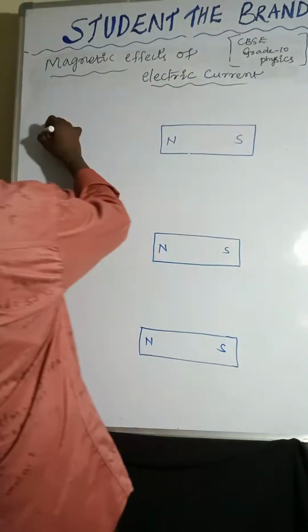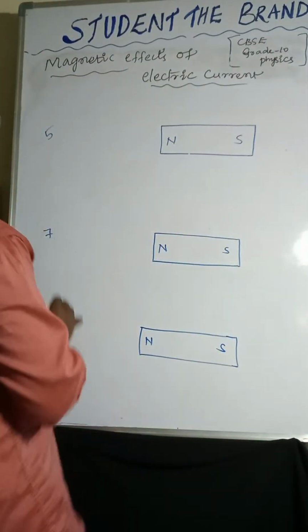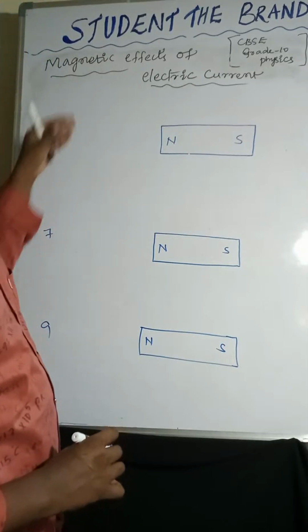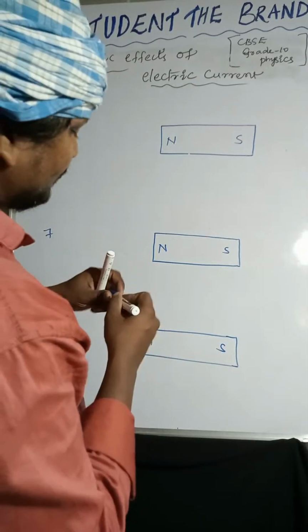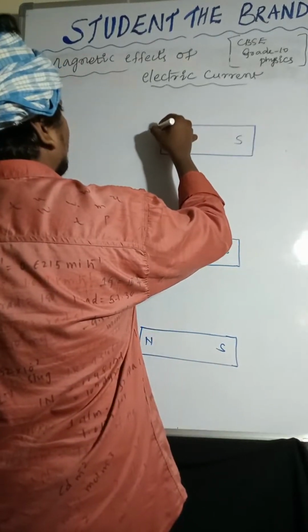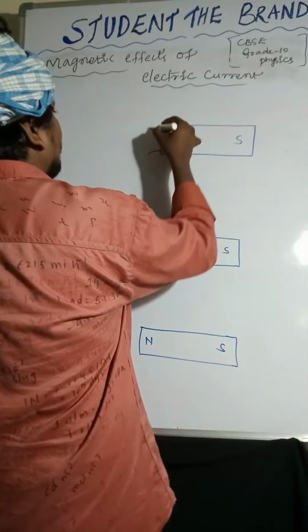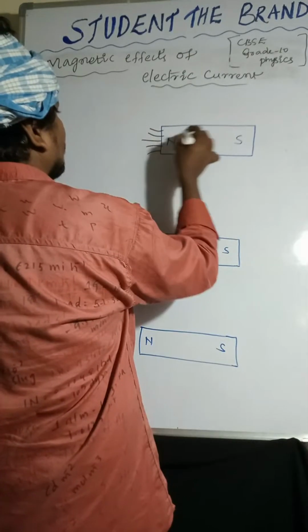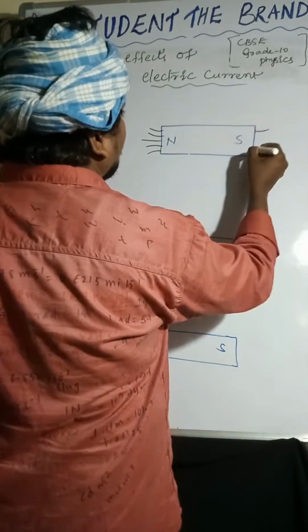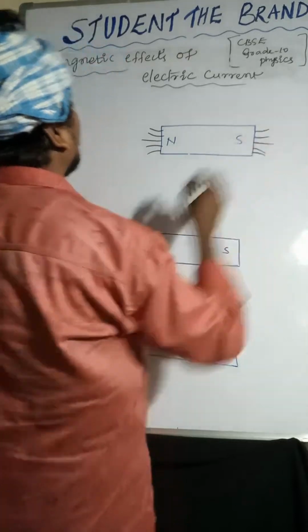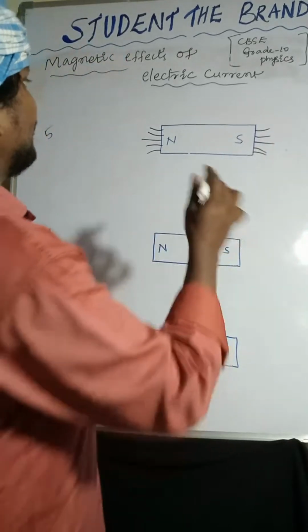So I'm taking here 5, 7, 9. Now you see. Okay, 5.